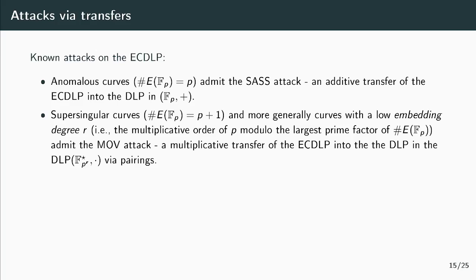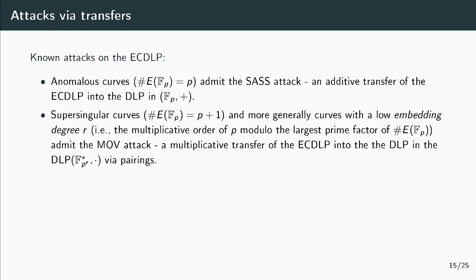It's just unfortunate terminology. Supersingular curves are a special case of curves with a low embedding degree, which is the multiplicative order of the prime p modulo the largest prime factor of the group order.